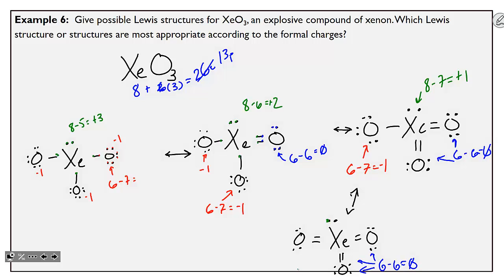And xenon, 2, 4, 6, 8, xenon's formal charge is now 0. And so the best Lewis structure, the best resonance structure for xenon trioxide is actually this last one.